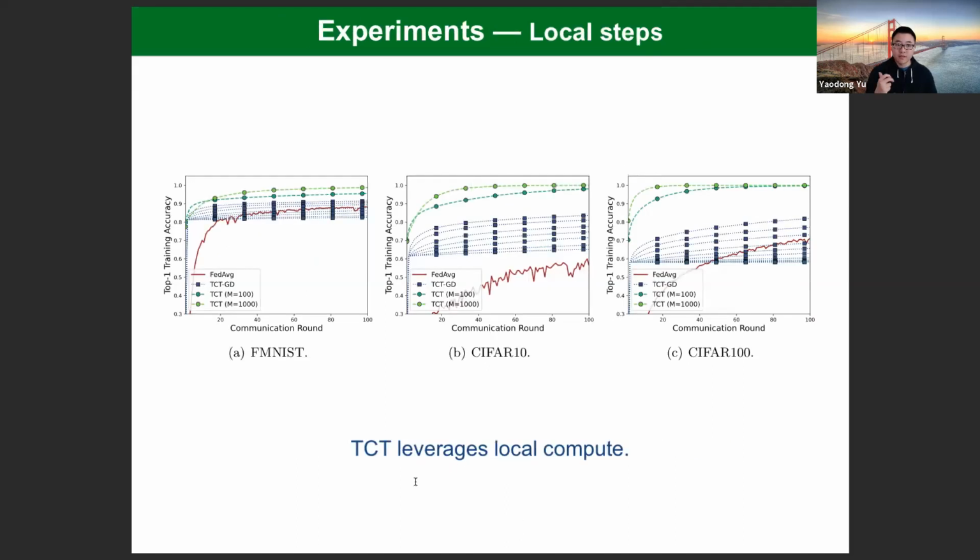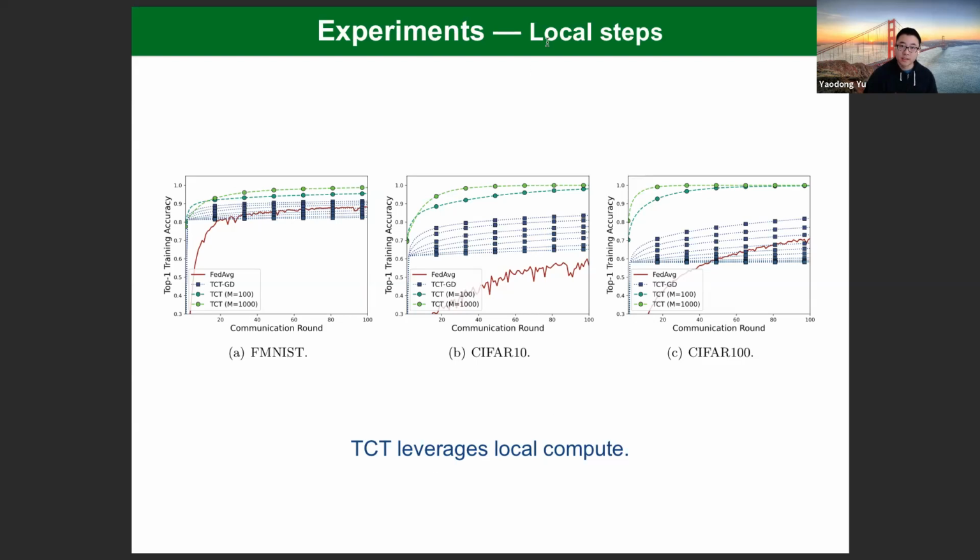And we also investigate different components of TCT, to better understand which part is effective, or whether we are leveraging some good facts of the convex model. Here we are investigating whether doing local steps is better than doing one local step.